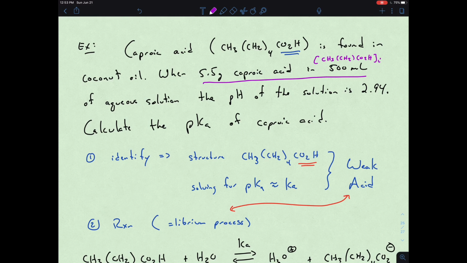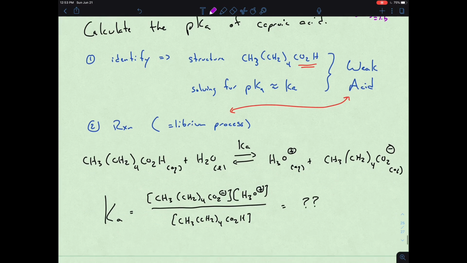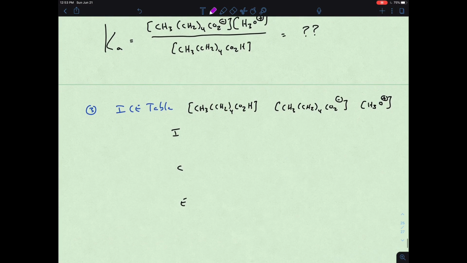We also know that the pH of the solution is 2.94, and that is giving us access to our hydronium ion at equilibrium. So with those two pieces of information, I think we have the ability to fill out the ICE table completely. And that's what we need to do, right? Because the only way that we can get at a Ka is if we know all the concentrations at equilibrium. So we have to do a little bit of work to get these values.